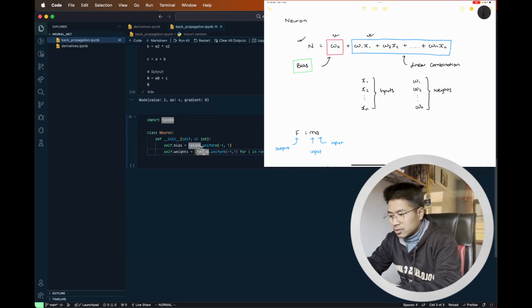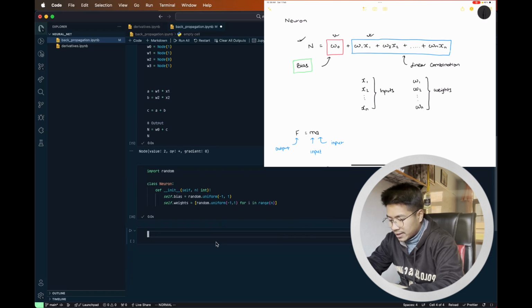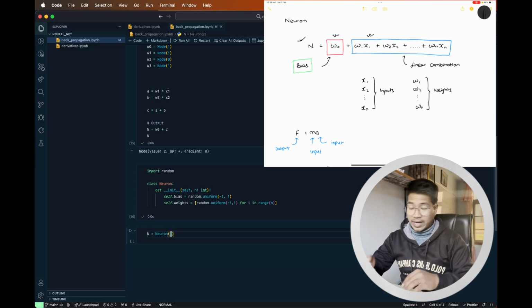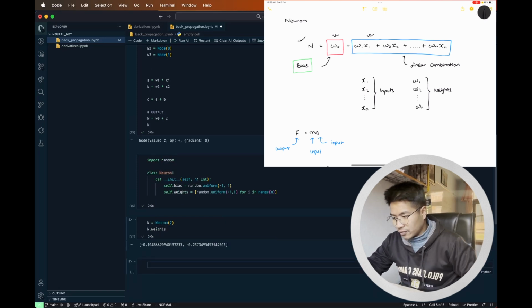If I have this code, I can create a neuron n, which is a Neuron, and that would have, let's say, 2 inputs. That's what we want right now. So I would now get some values for the weights.